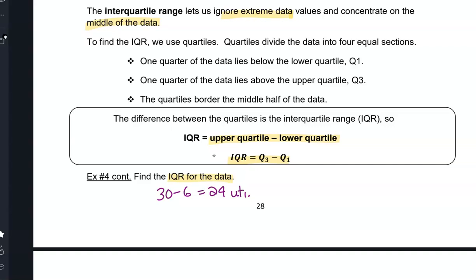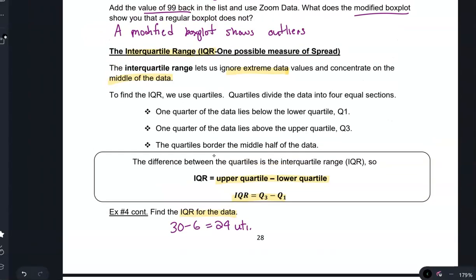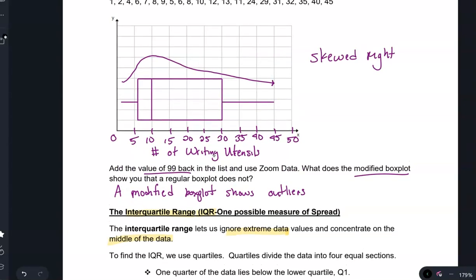Now, the IQR allows us to see that range for the middle 50% of the data, which is super nice, right? Because if we're looking at the context of this problem, we want to say, here's our typical number of writing utensils, and here is how spread out the middle half of the data is.